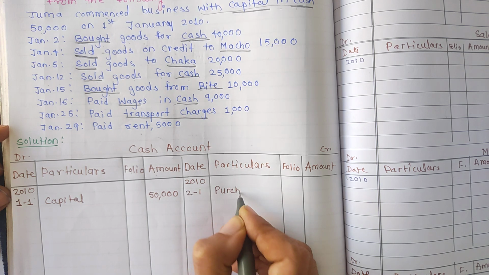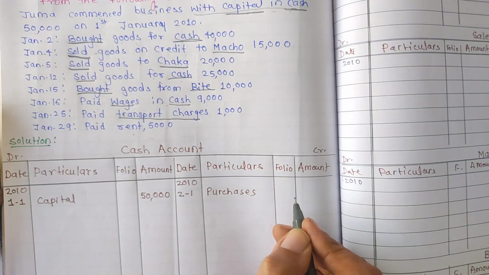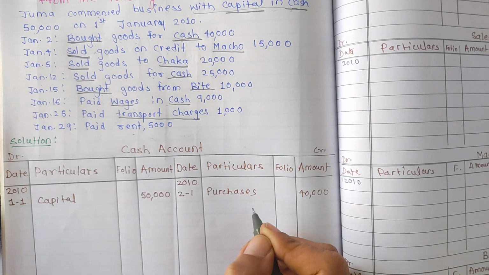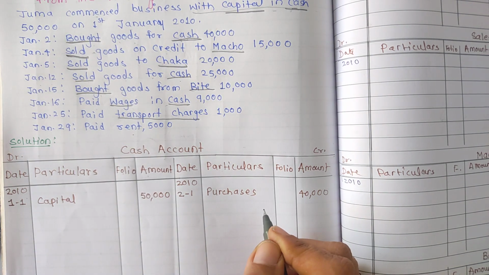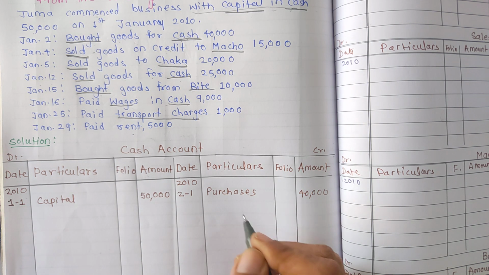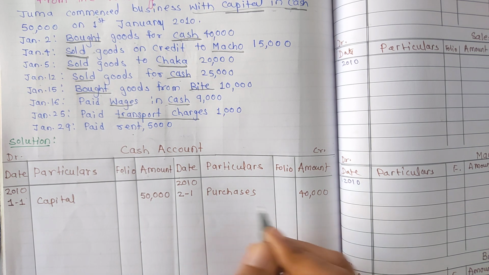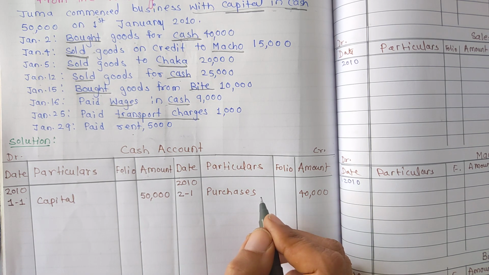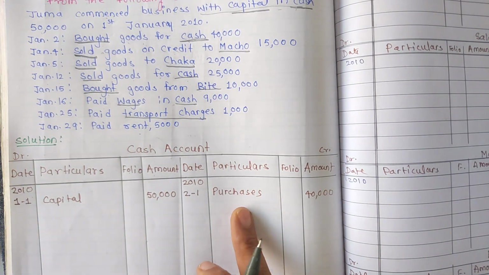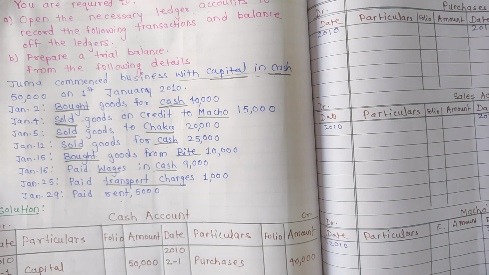So write down purchases, and the amount is 40,000. If the page number of the purchases account is given, then it will appear here in the folio column. So cash is going, and you are writing the word purchases on the credit side.